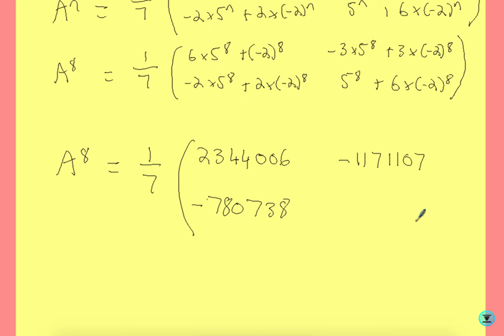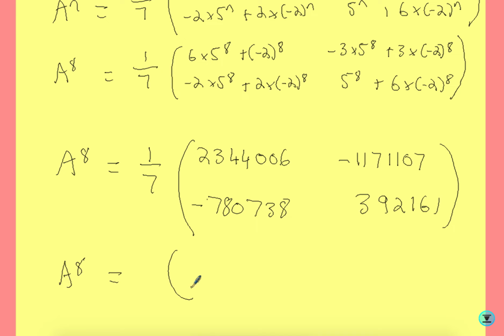And then 5 to the power of 8 plus 6 times negative 2 to the power of 8 gives me 392,161. Now, obviously, then all we've got to do is divide them all by 7.